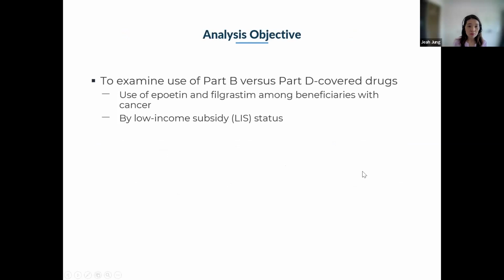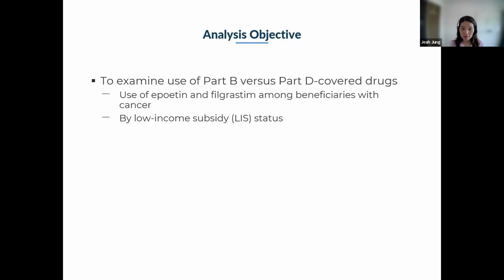So here, we examine the use of Part B versus Part D covered drugs. We focus on epoetin and filgrastim use among beneficiaries with cancer. These are both cancer supportive drugs. And in this analysis, the focus was low income status.